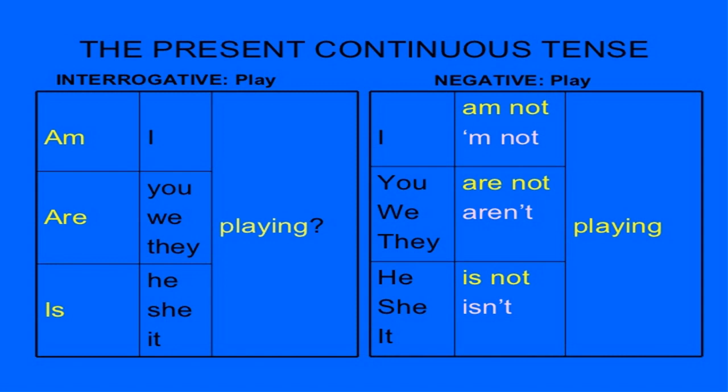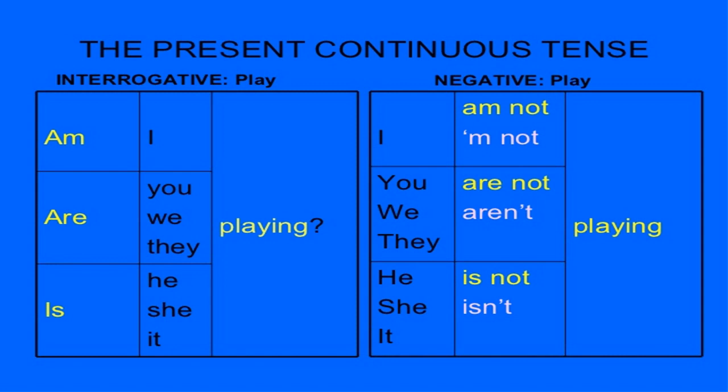Now let's see interrogative and negative sentences. For interrogative, the auxiliaries will come forward, like am I playing? That means am, then subject and then object. Are you playing? Are we playing? Are they playing? With singular subjects, is. Is he playing? Is she playing? Is it playing?